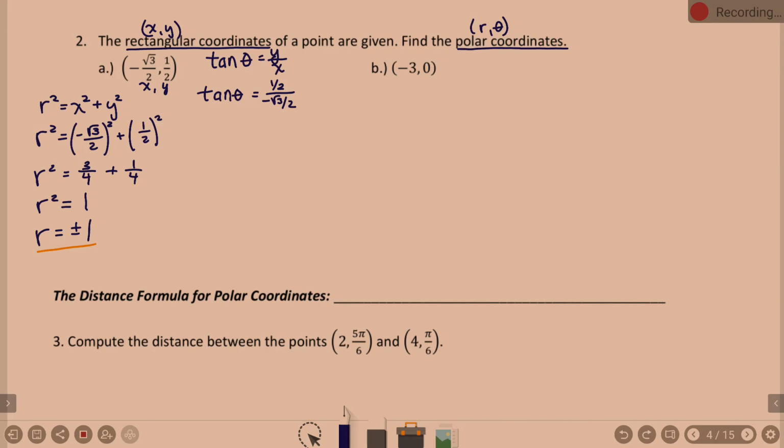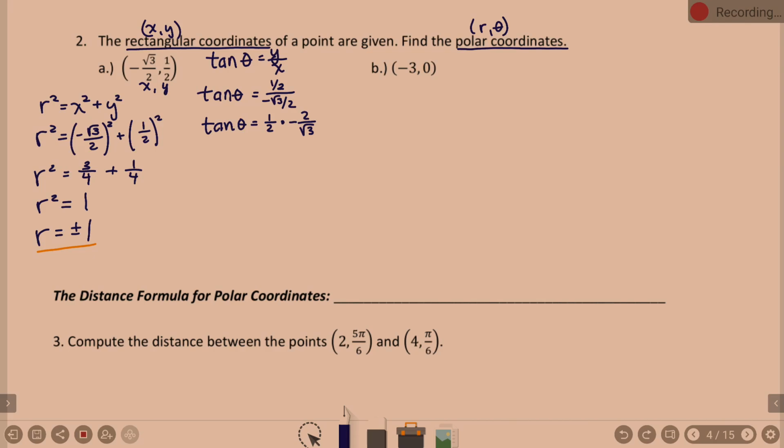Okay, guys, what about a fraction divided by a fraction? So tangent theta is 1/2. Division becomes multiplication. Flip. And it's a negative of 2 over the square root of 3.